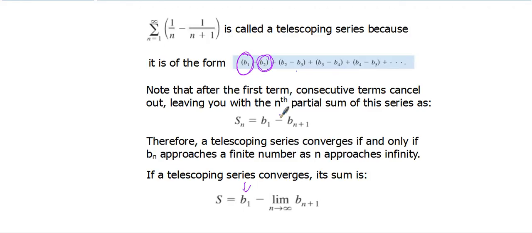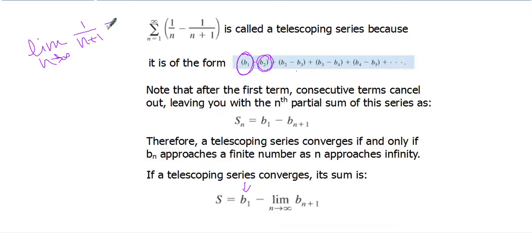Okay, so is this the one we just did? It is. If I wanted to know if this telescoping series converges, I'd look first for the limit of the second part as n approaches infinity.